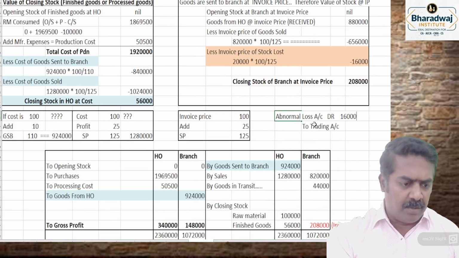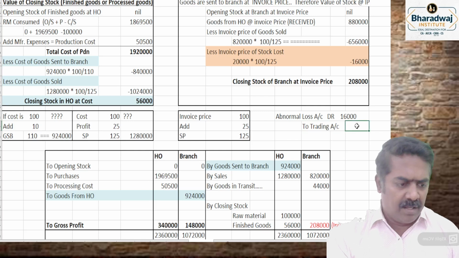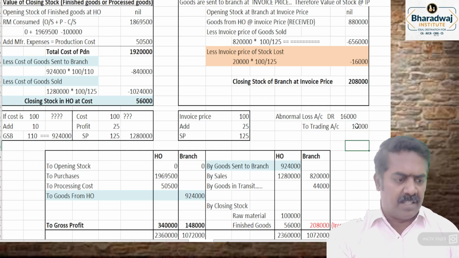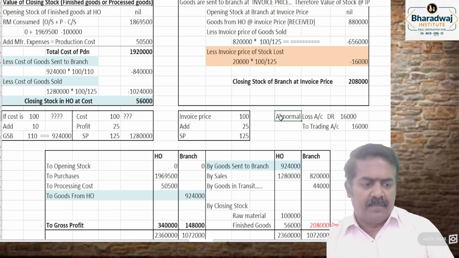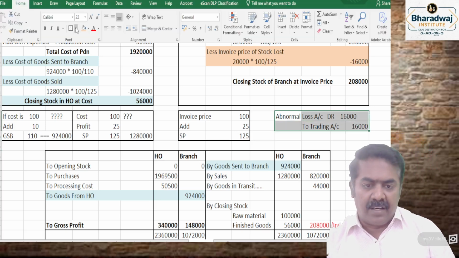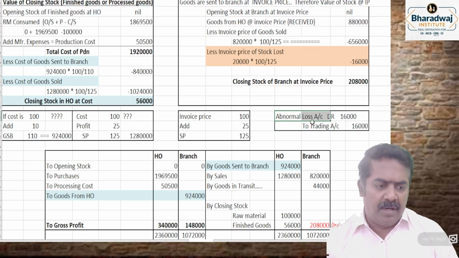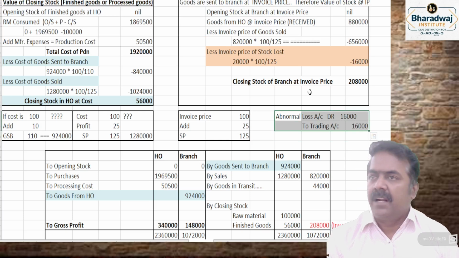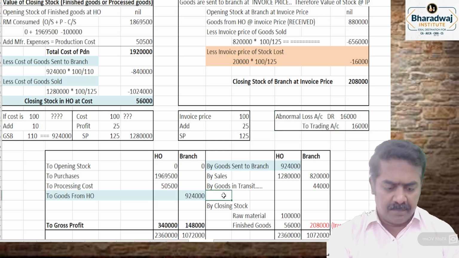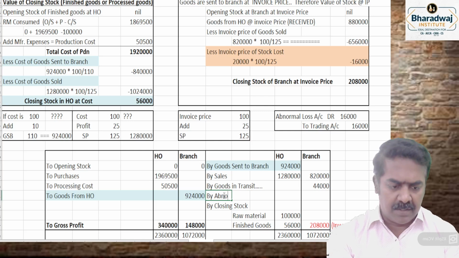This abnormal loss will later be charged in P&L account after adjusting insurance claim. This we have done in the final account chapter, single entry chapter, loss of goods chapter. Abnormal loss account debit to trading account. How will this come? By abnormal loss.